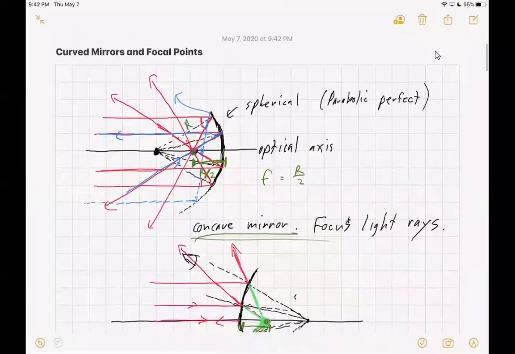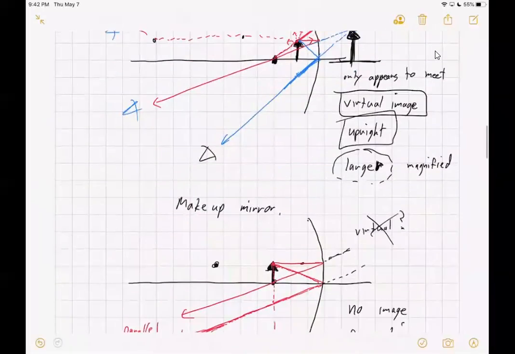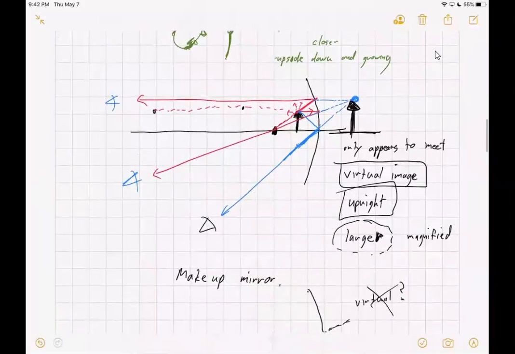Instead of being on the side of the mirror where the light is actually reflecting, it's on the other side of the mirror. There could even be a wall back there. So it appears to be behind the mirror, on the side opposite of where the light rays are incident and reflected.